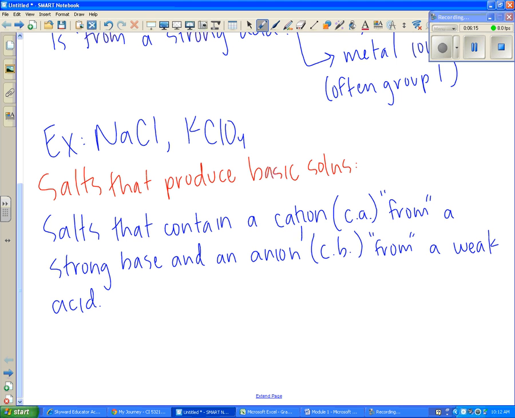So cations from a strong base. Again, we're talking about metal ions. Typically, we'll see group 1 metal ions.